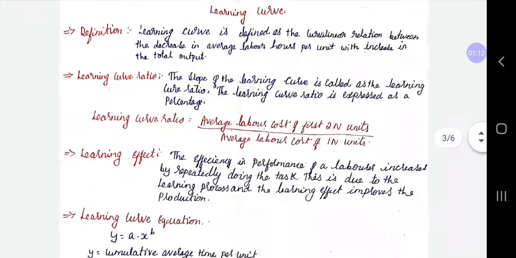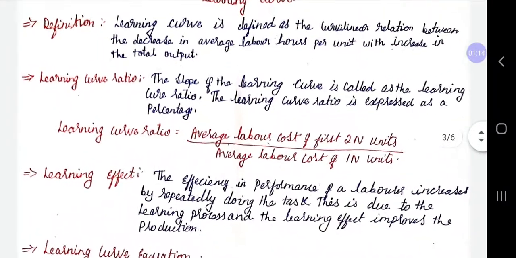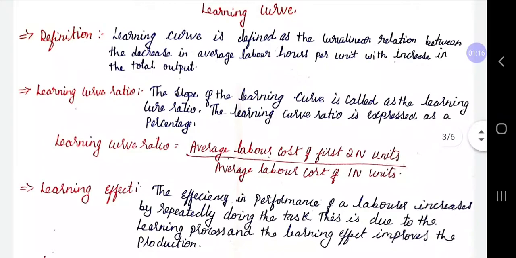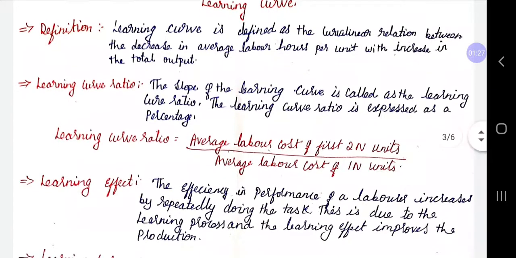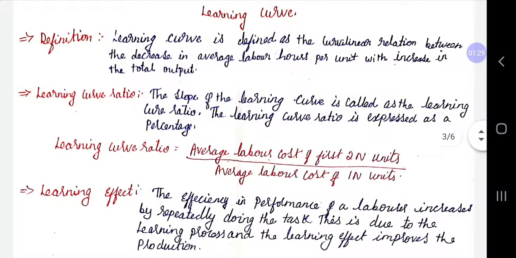What is learning curve? Learning curve is defined as a curvilinear relation between the decrease in average labor hour per unit with increase in total output. For example, in accounts or maths, when we do a problem the first time, you will take 45 minutes for one problem.